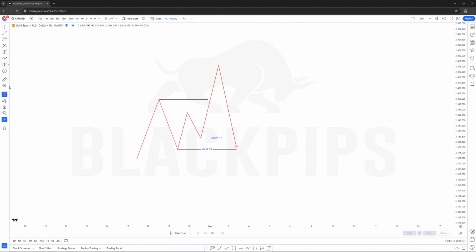Why? Because what you see here is that this was the major swing high and this is the major swing low. So this is the minor swing high, minor swing low. If the market breaks this low, it means this will be the minor transition. And if the market breaks this low, it means this is the major transition.